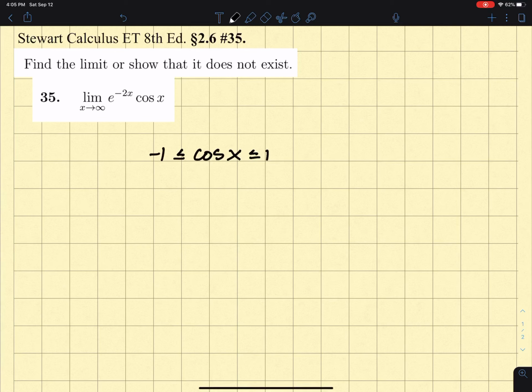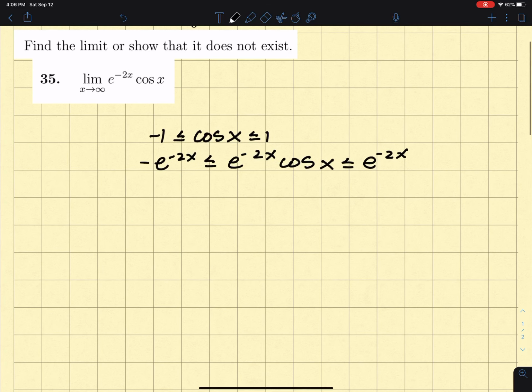And I multiply by e to the negative 2x, which is never negative. Just multiply everything there. And so what this does is it sandwiches our function in between e to the negative 2x and negative e to the negative 2x.